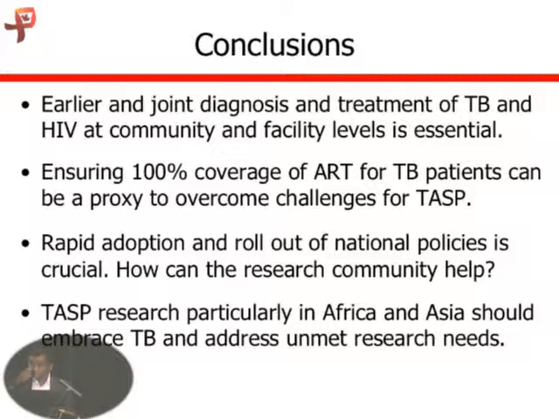If we don't succeed on 100% ART coverage for TB patients, that will cast a question on our efforts on TasP. Rapid adoption and rollout of national policies is crucial for scaling up, and the research community can help. And as I said, the TasP research, particularly in Africa and Asia, should embrace TB and address unmet research needs. Thank you very much.